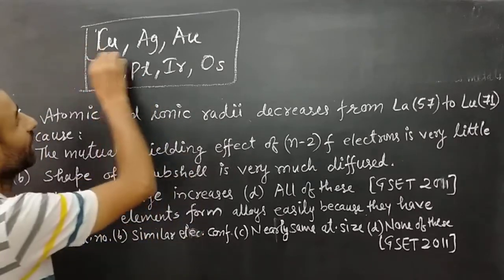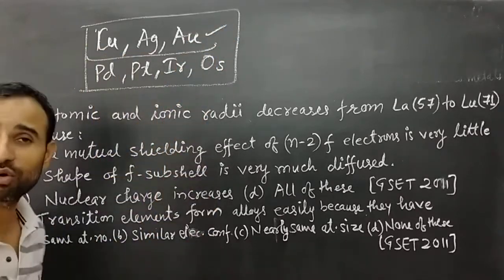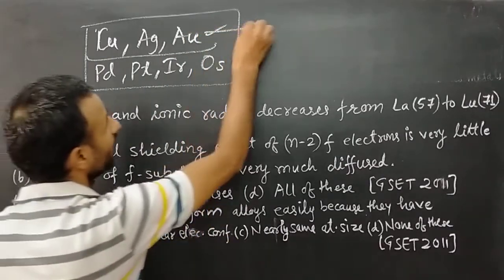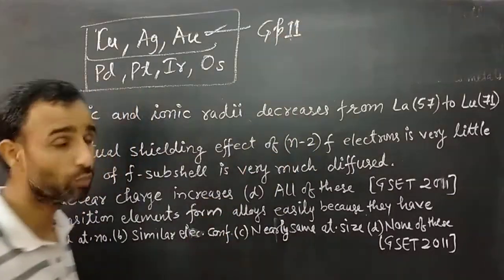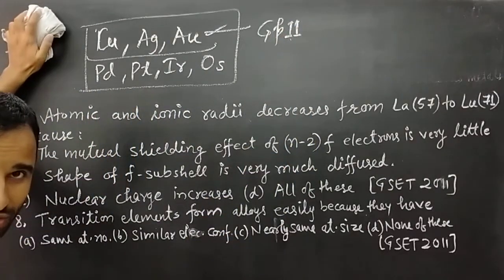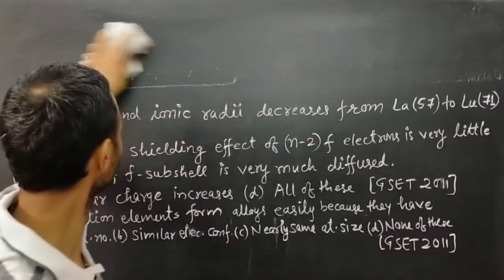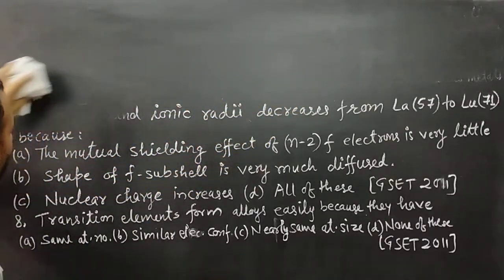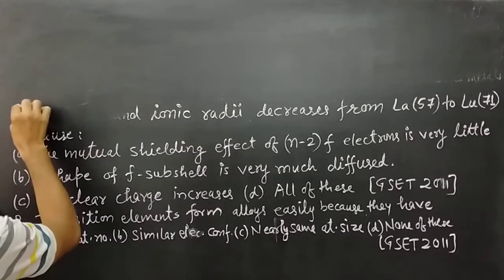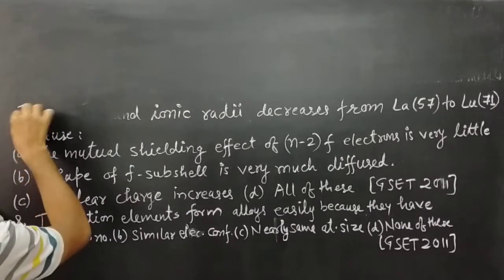Copper, silver and gold are coinage metals. These are group 11 elements. So group 12 is volatile metals, and group 11 are coinage metals because historically they were used to form coins. Even today we get coins of gold and silver.